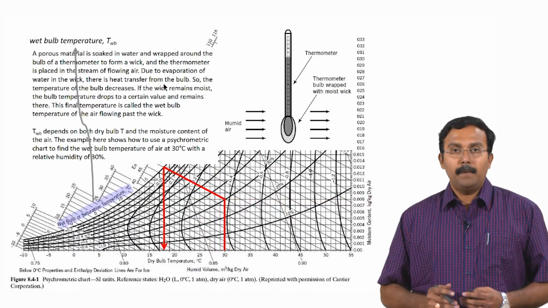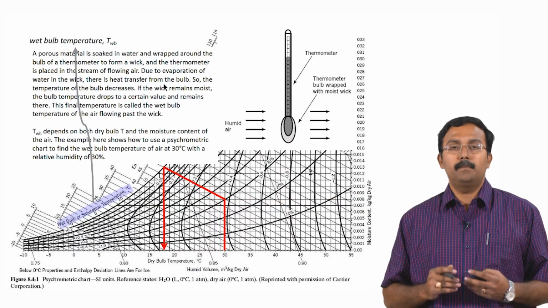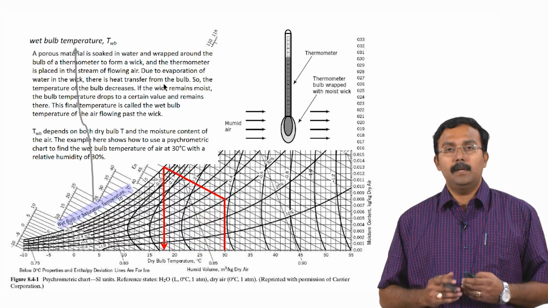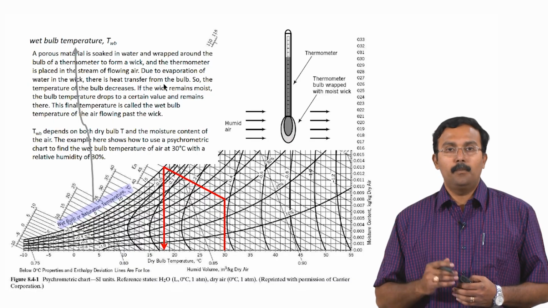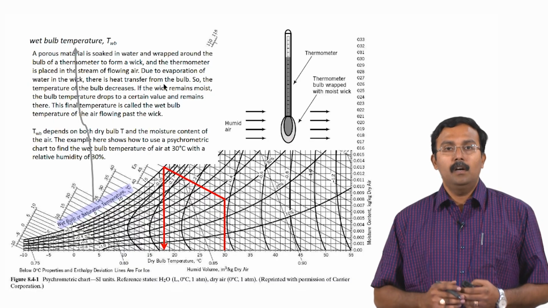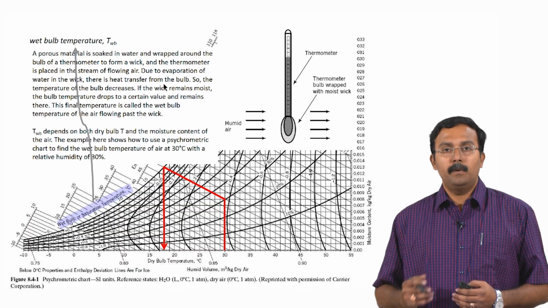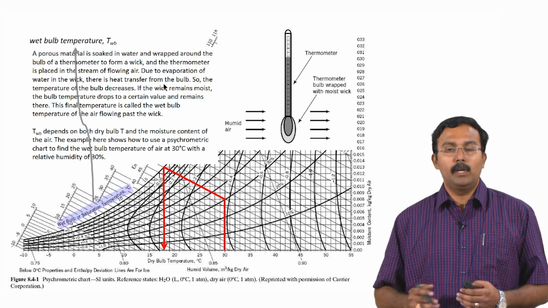So, another parameter which is shown and described here is called the wet bulb temperature. What is the wet bulb temperature? The definition is given here. A porous material is soaked in water and wrapped around the bulb of a thermometer to form a wick, and the thermometer is placed in the stream of flowing air.